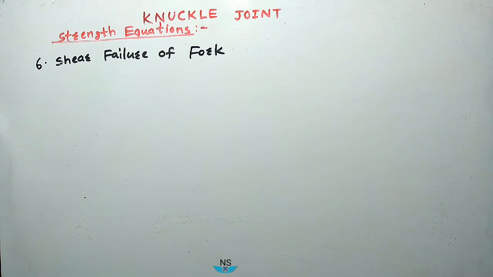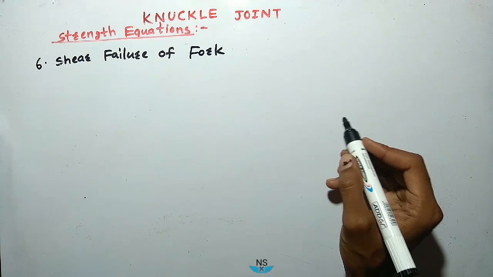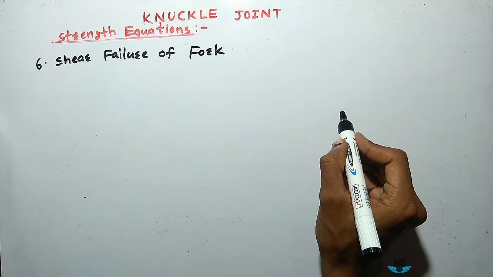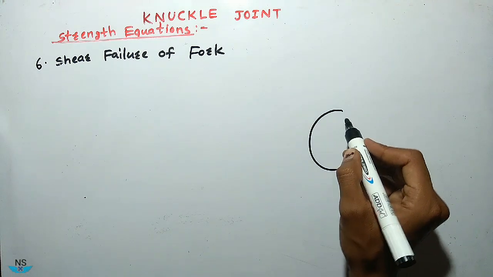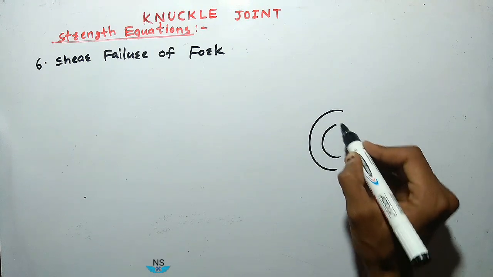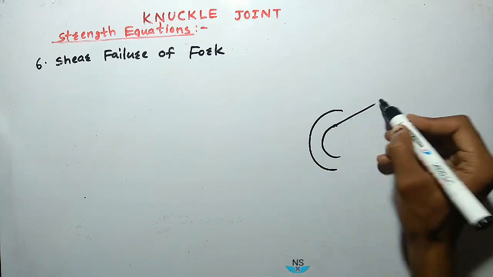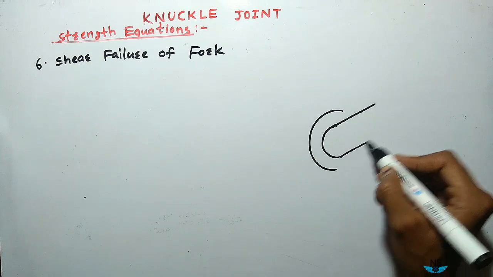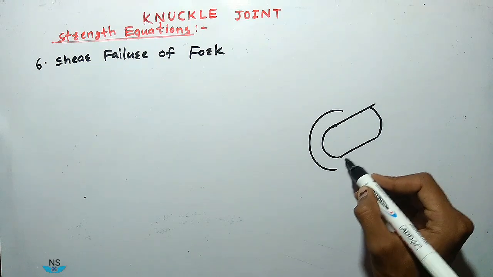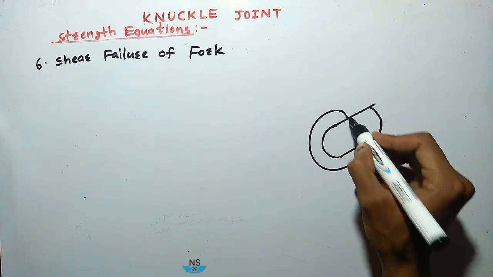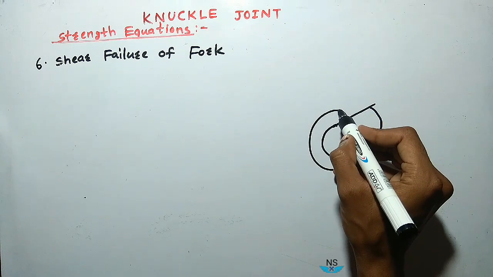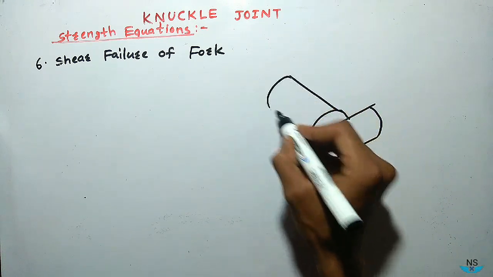Now let us see the shear failure of fork. Similar failure will take place in fork, like shear failure of eye. So this is the diagram. This is the shear failure of fork.